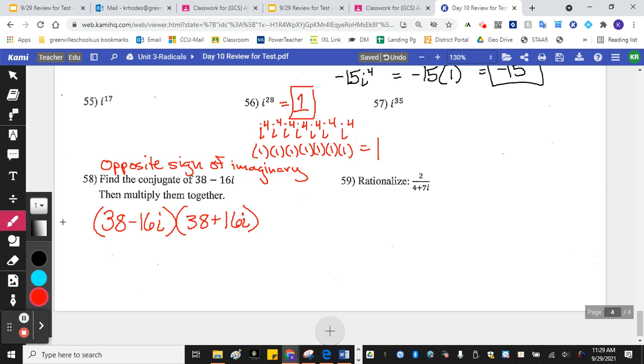So one part of my answer is this: find the complex conjugate, then multiply them together. That's a big number. What's 38 times 38? 1,444. What's 38 times 16?